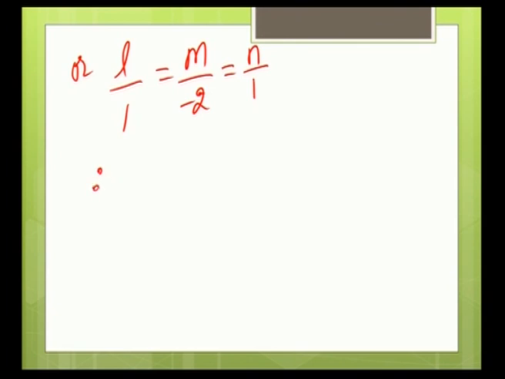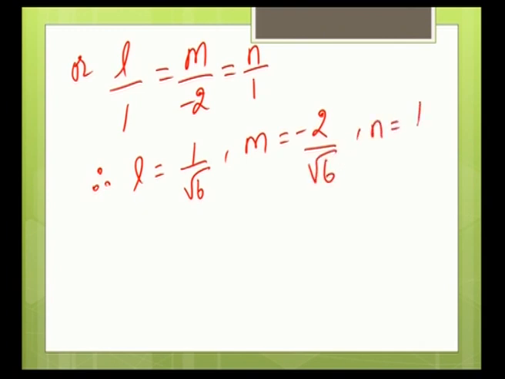Therefore, we get l as 1 by root 6, m as minus 2 by root 6 and n as 1 by root 6. These l, m, n are the direction cosines of the shortest distance.